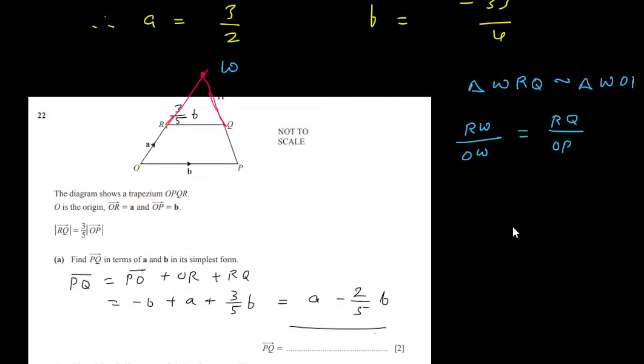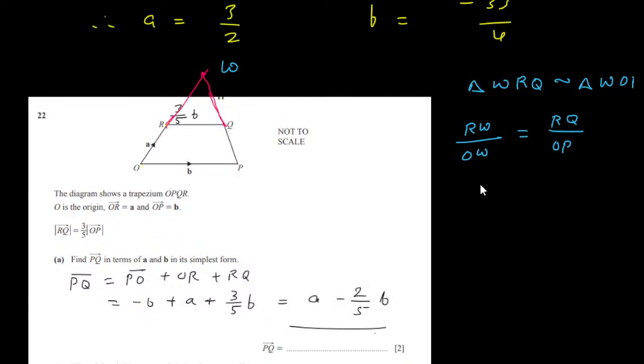Now RW and OW both are unknown. I only know the value of OR.